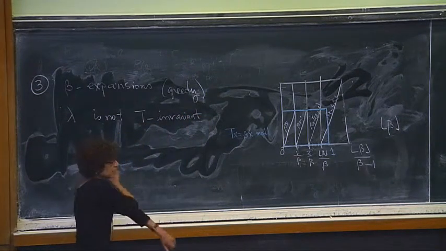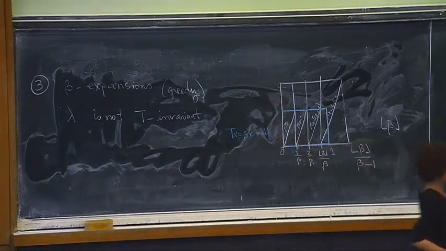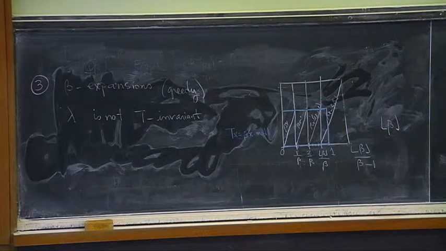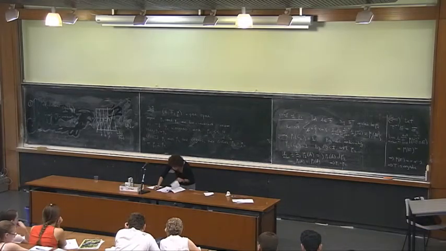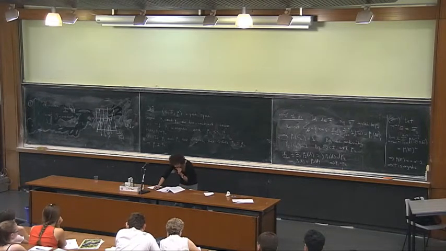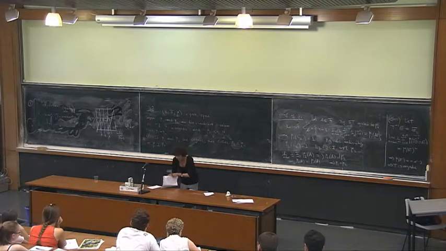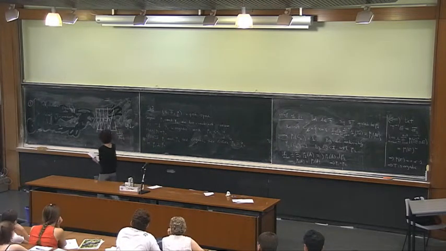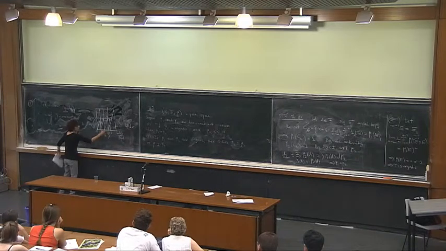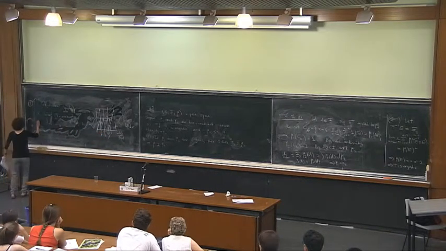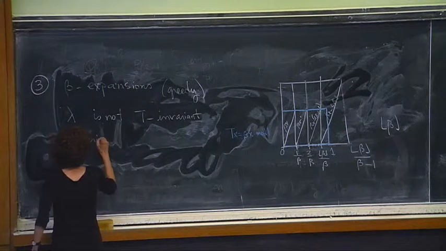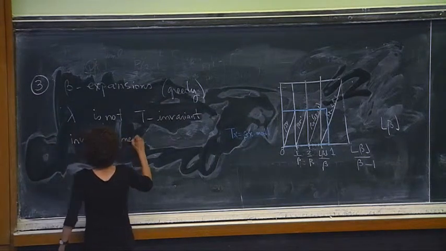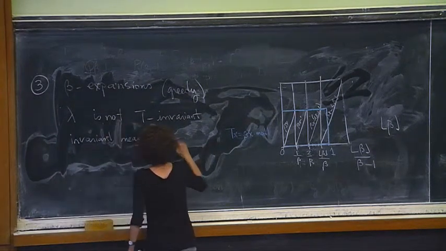And as I mentioned, in the 60s, actually Gelfond got it before Parry. I think Gelfond got it in 59 and Parry in 60. And I don't think Parry was aware of Gelfond. But anyway, they found the invariant measure. And it looks like it's absolutely continuous with respect to Lebesgue. And in fact, it is equivalent to Lebesgue on [0,1). So the invariant measure is equivalent to Lebesgue.